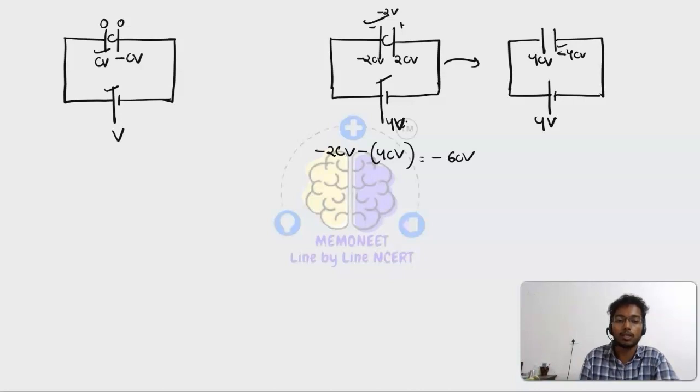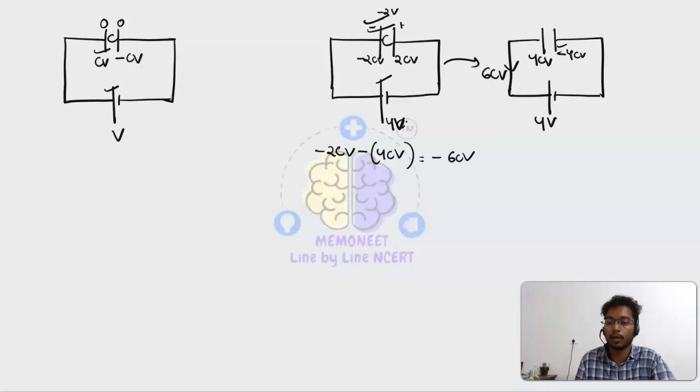So 6CV charge has already traveled from the negative plate of the capacitor, has passed out, has traveled along the battery, and then here the 6CV is terminated.